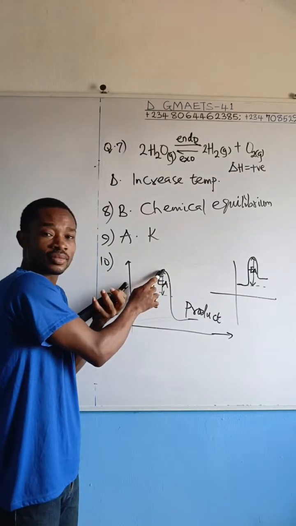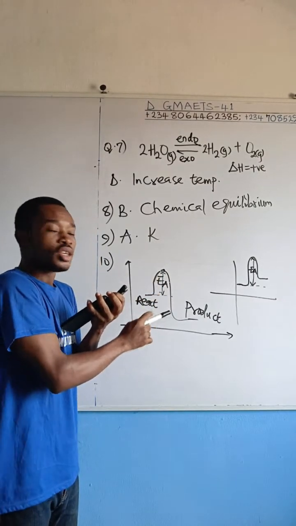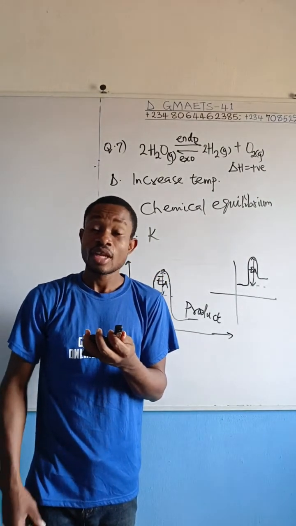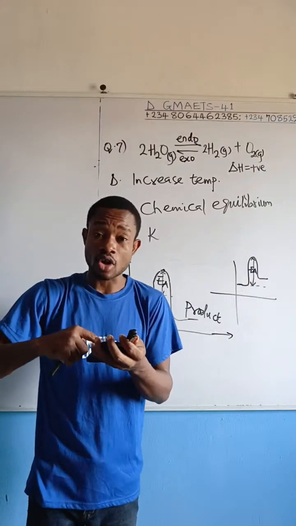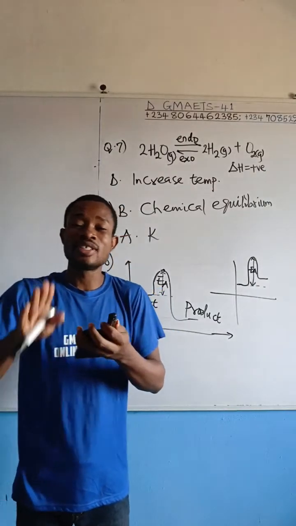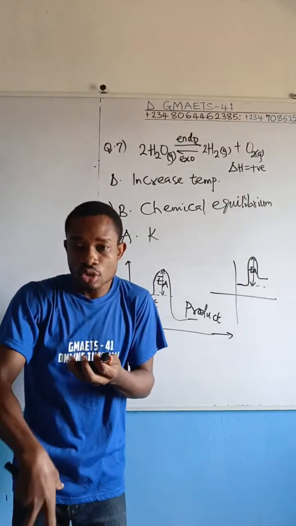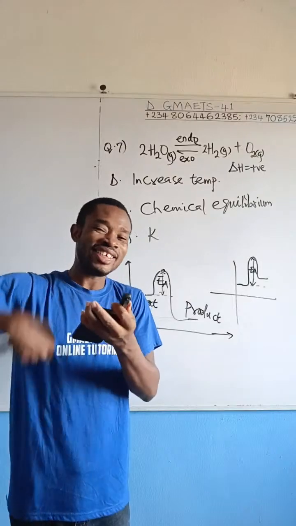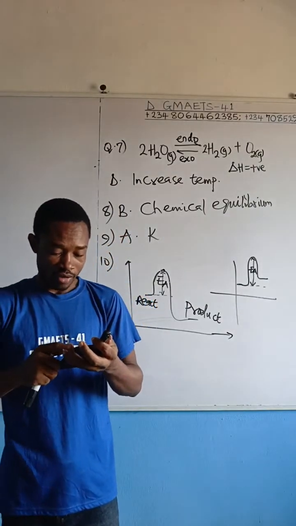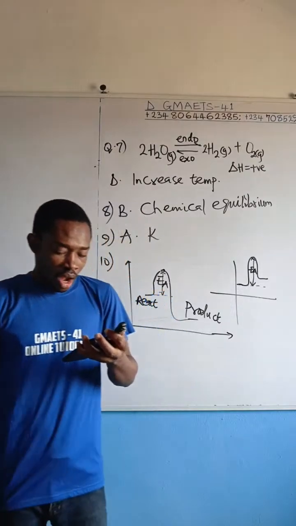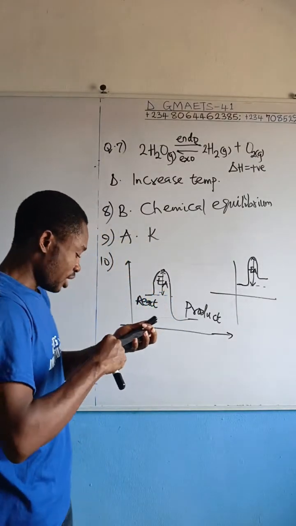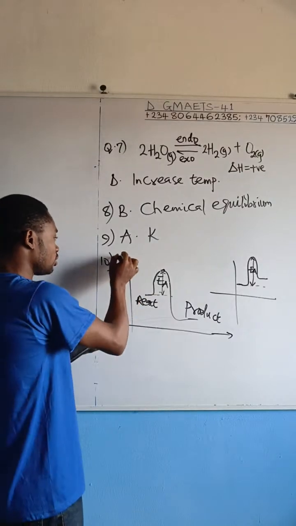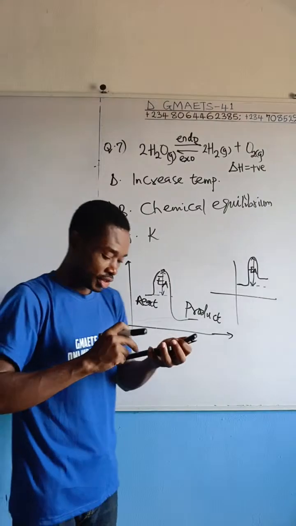So if a catalyst increases the rate of reaction, what simply happened is that the catalyst lowered the activation energy so as to achieve an increase in the rate of reaction. All right, we are moving on. The correct answer to question 10 is C, lowering of activation energy.